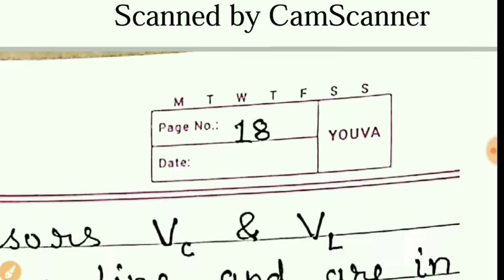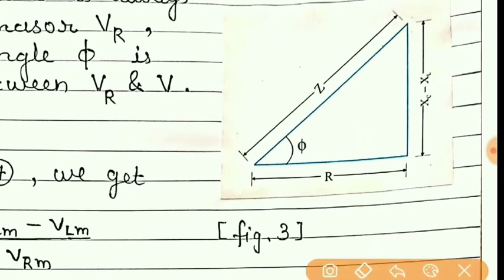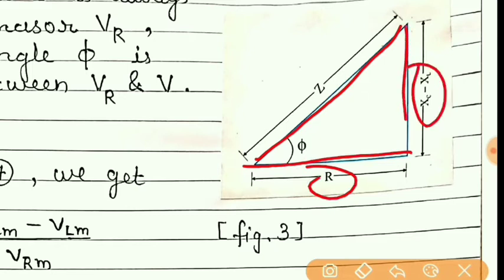So the same figure is here. You can see the hypotenuse is Z and the other two sides are R and XC minus XL. And so this is the phase angle between the current and the voltage V, or we can say between VR and V.